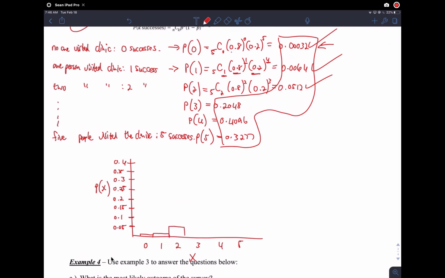Then 0.2048 is for 3 successes, just a little bit above this bar right here. Then 0.4096 would be all the way up here, just above 0.4 probability, and 0.3277, you're maybe over here. And that would be that.